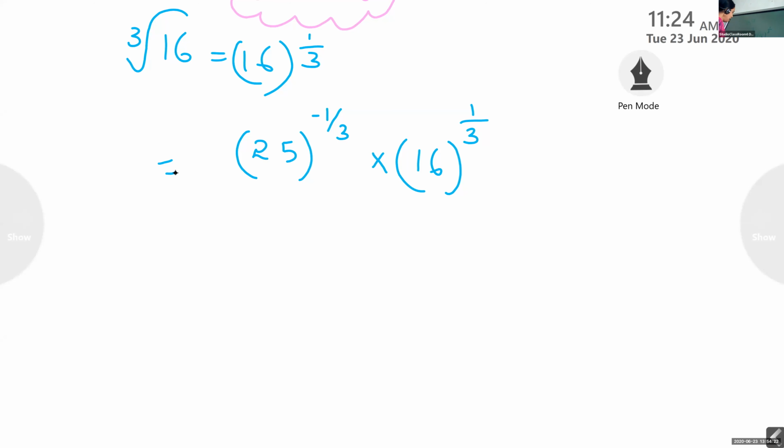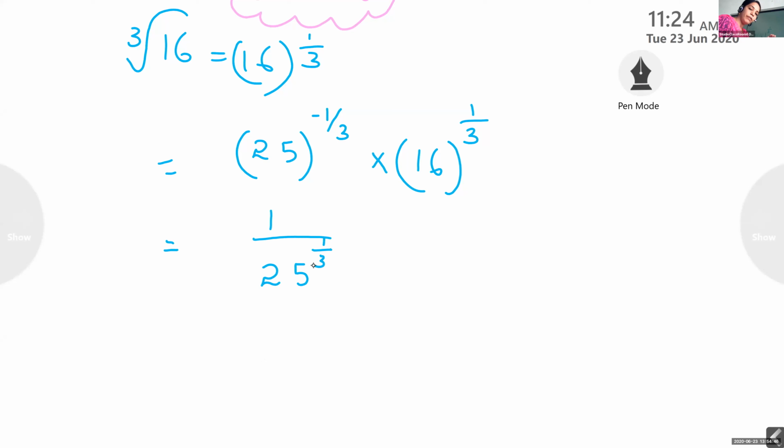See, listen. Instead of writing 25 raised to negative 1 by 3, I can write 1 by 25 raised to 1 by 3. You cannot write the exponent's reciprocal.